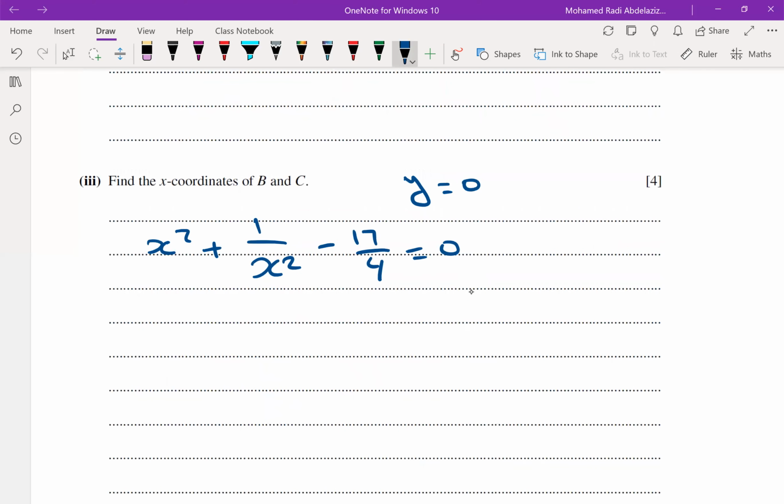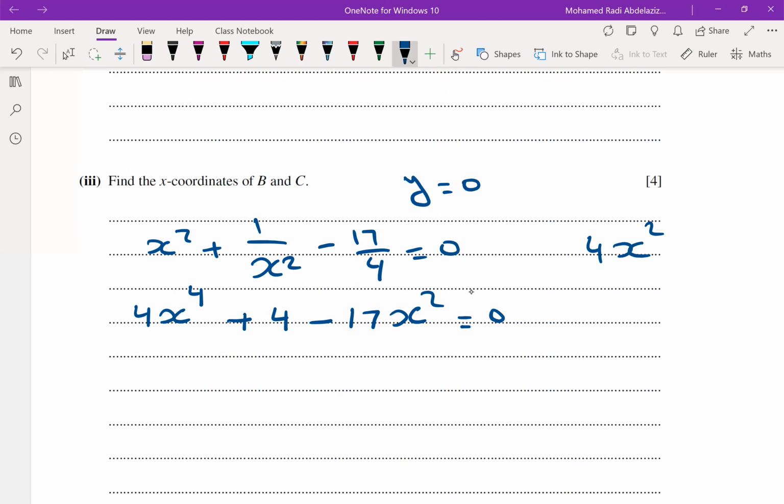You can multiply by 4x squared to simplify. Multiplying the first term by 4x squared gives 4x to the power of 4, the second term gives 4, and the third term gives minus 17x squared.